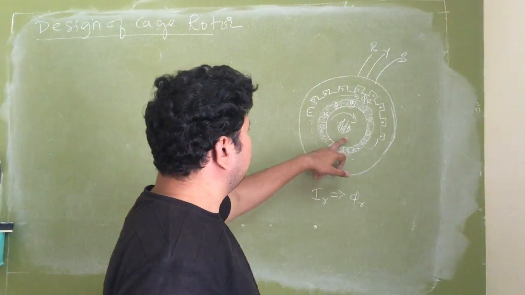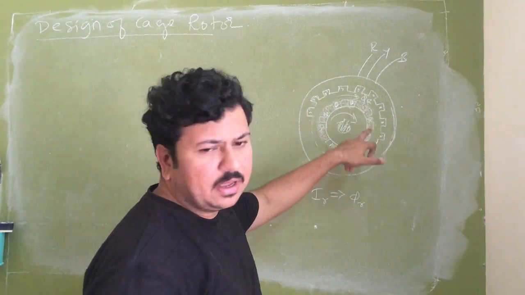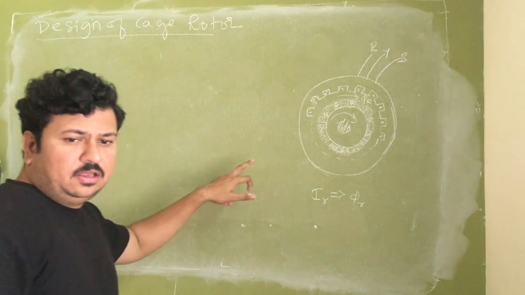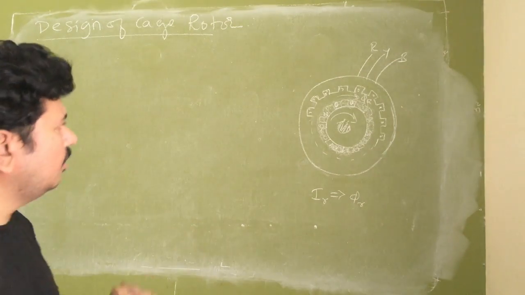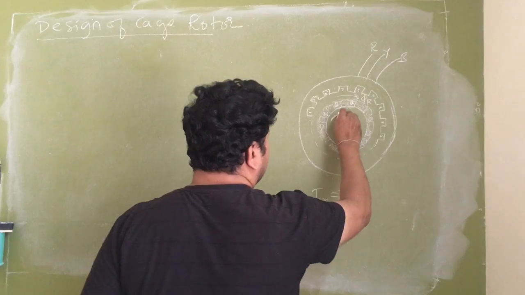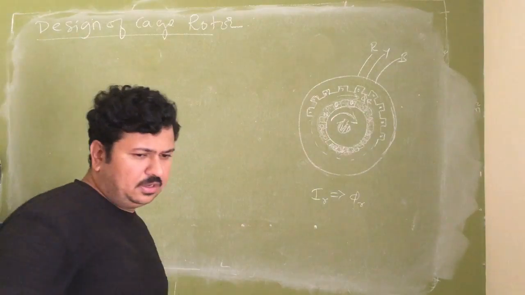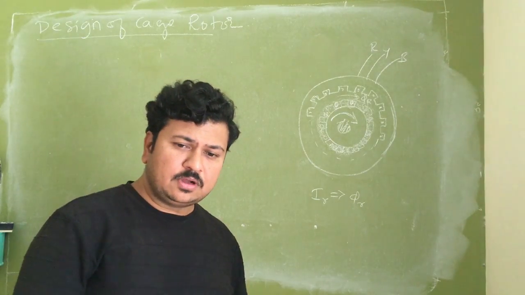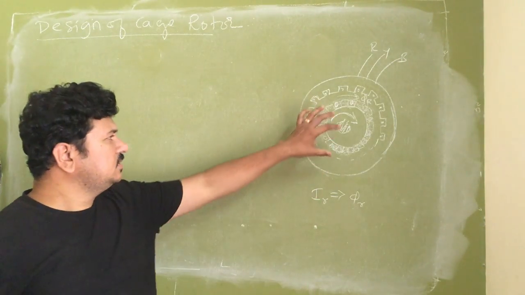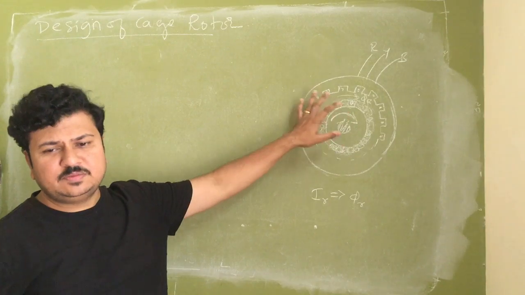So the rotor will start rotating in the direction of the rotating magnetic field. The rotor will be opposing its own cause to such an extent that it will try to completely negate the cause due to which the rotation has been produced.